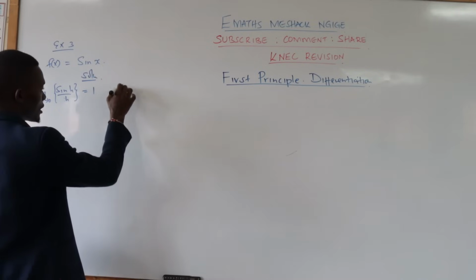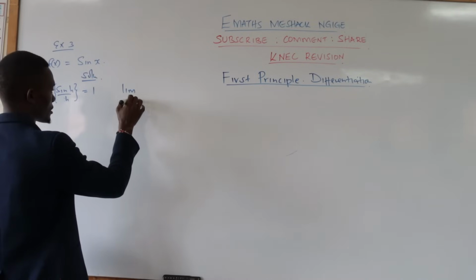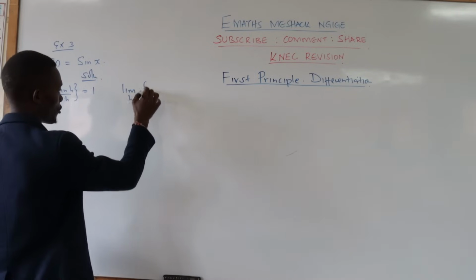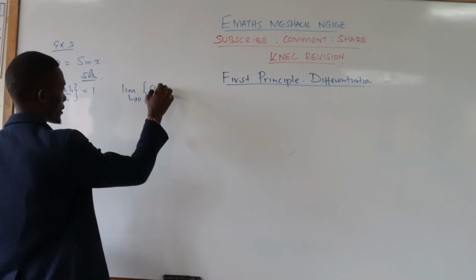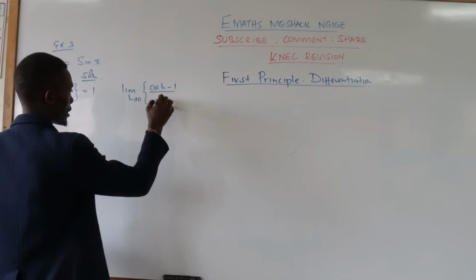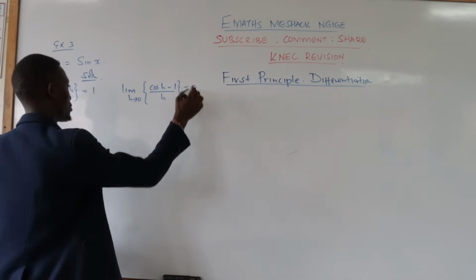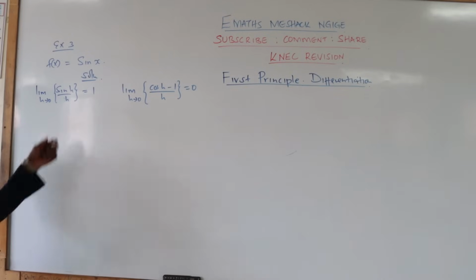Two, the limit as h tends to 0 of (cosine of h minus 1) over h is always 0. These are very important things that you need to know as you progress in this question.